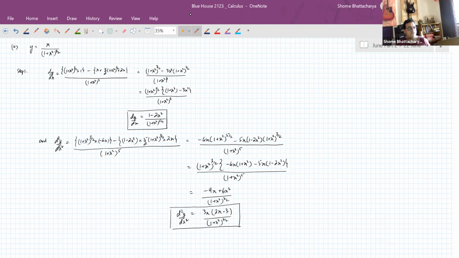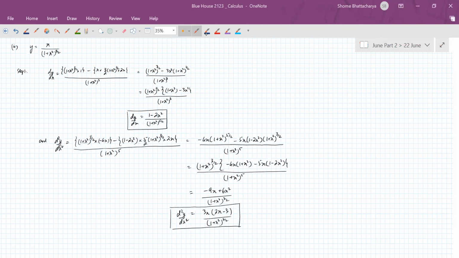So just go over these steps and then find out the critical points. Step 2. So you'll see that's quite easy. And then do the second derivative test. That's also going to be quite easy.